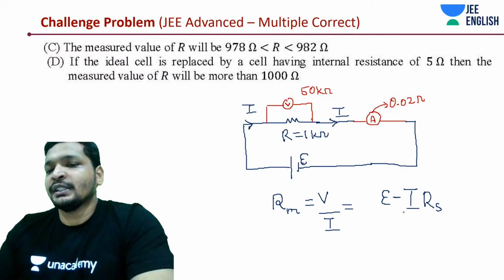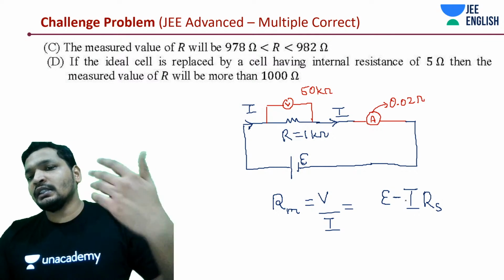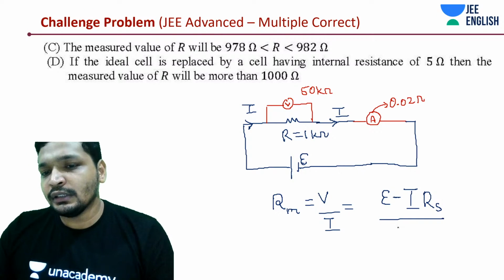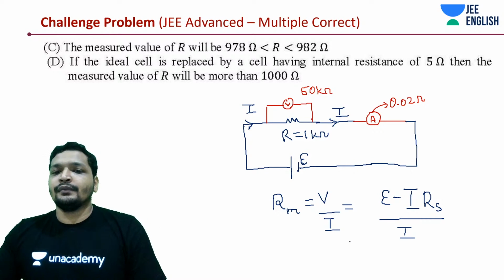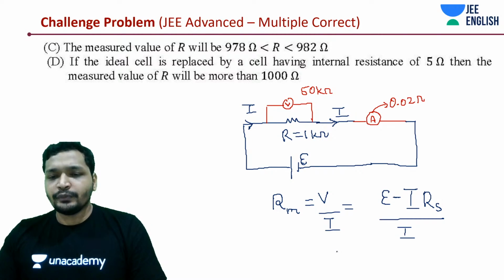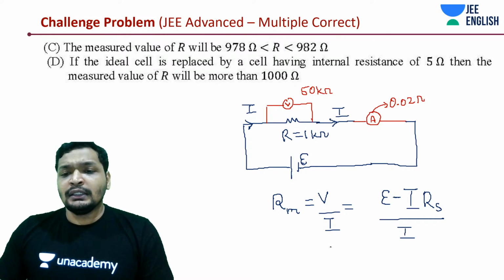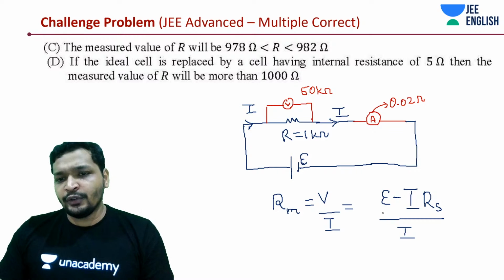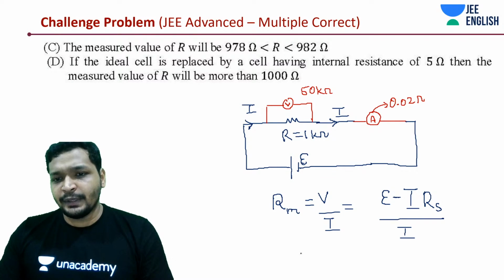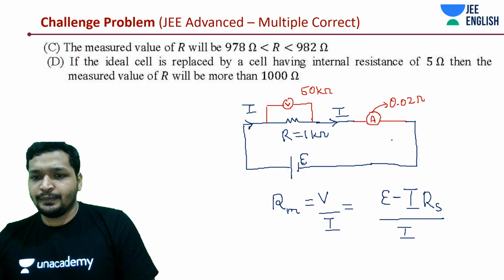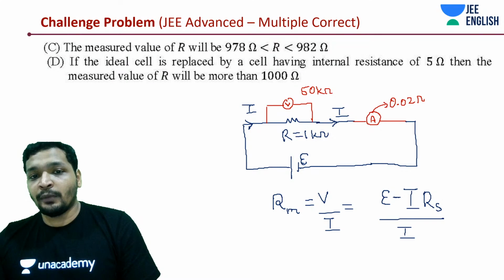I'm writing it down basically as shunt resistance, because in parallel it's going to be near about the shunt resistance value, divided by I. This is what your value should be. And what is the value of EMF? EMF is basically the total potential drop across this.